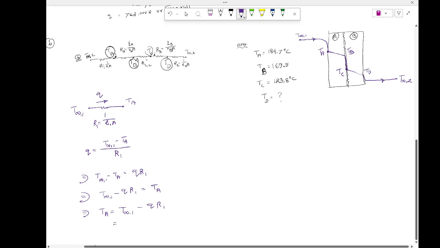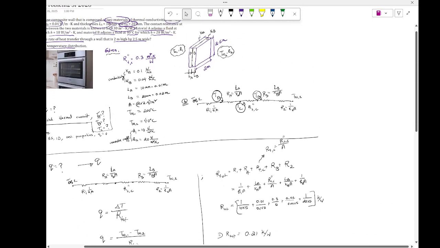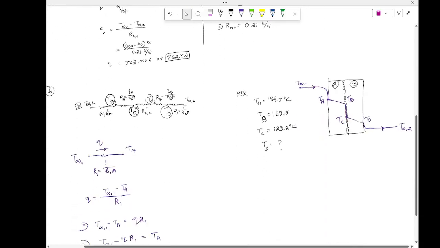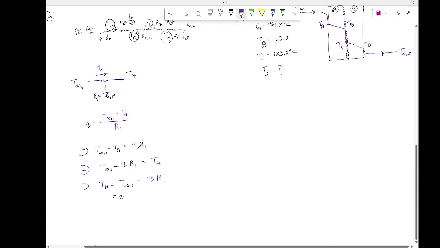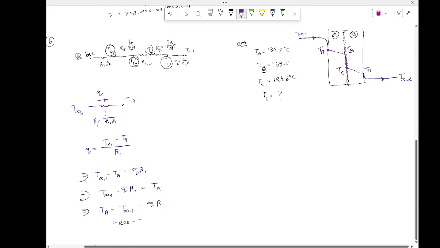So what is my T infinity 1? Anyone? Is it 200? Minus, what is my Q value again? It is 762.